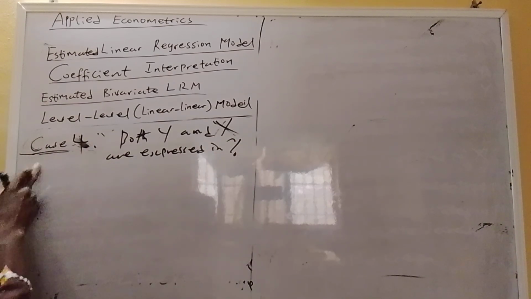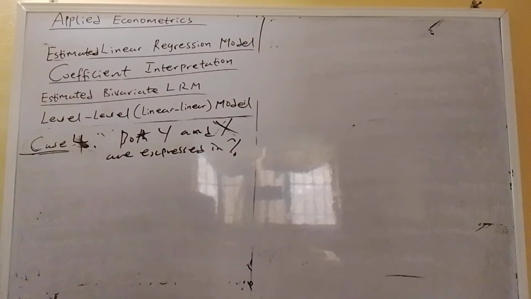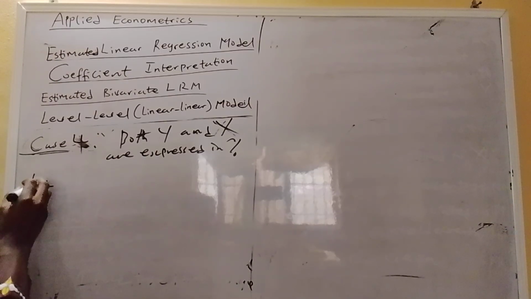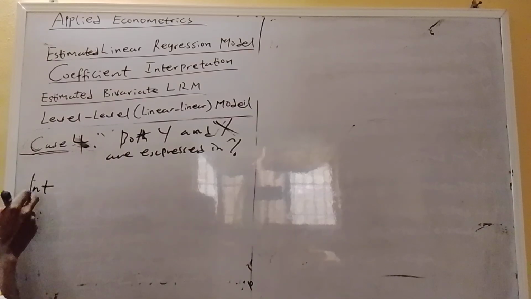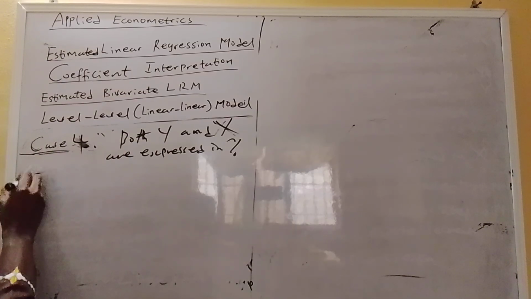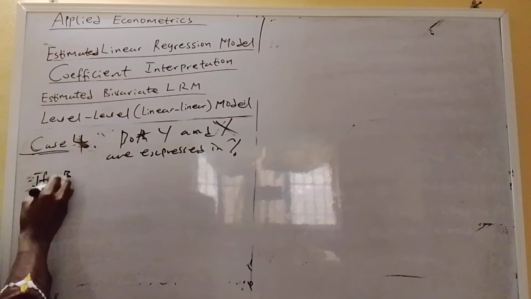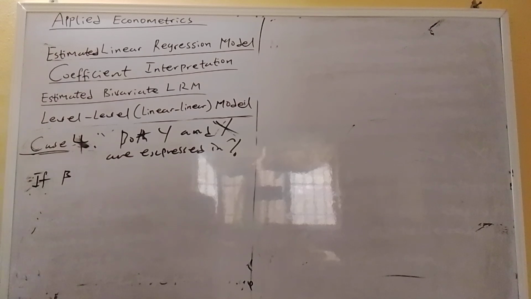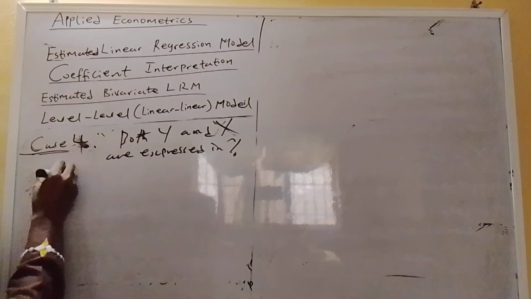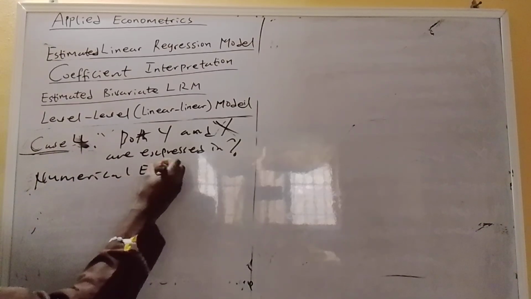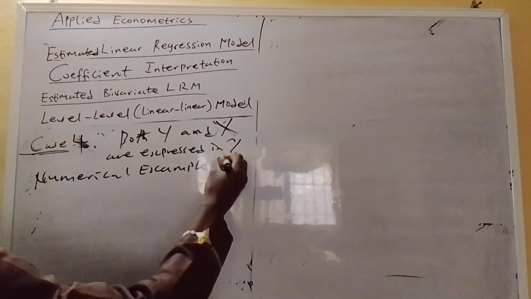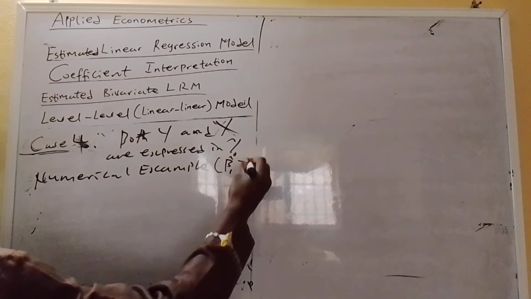Let me write out this example. Numerical example where beta 1 hat is greater than 0.